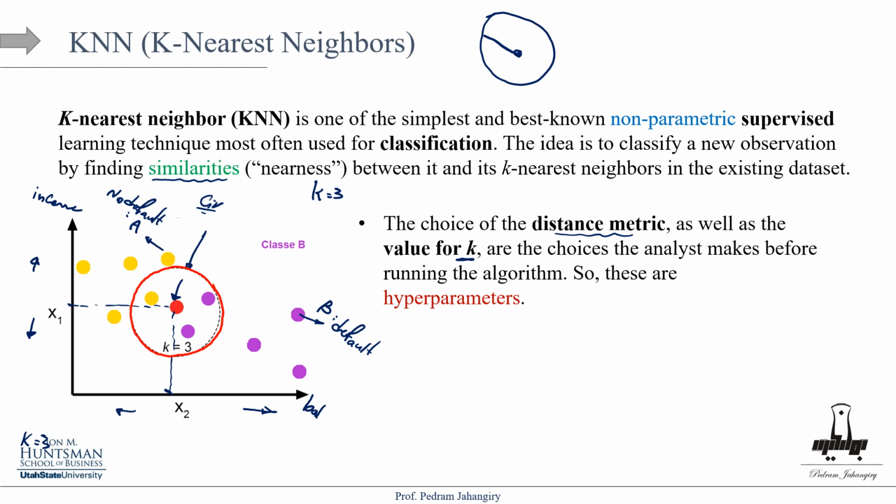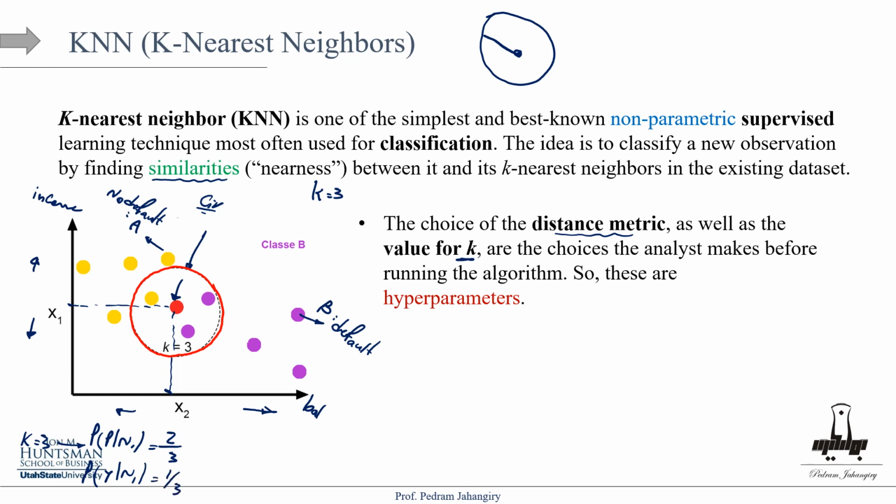So the probability of purple given that neighborhood, let's call it neighborhood 1, is 2/3, and the probability of yellow given that neighborhood is 1/3.